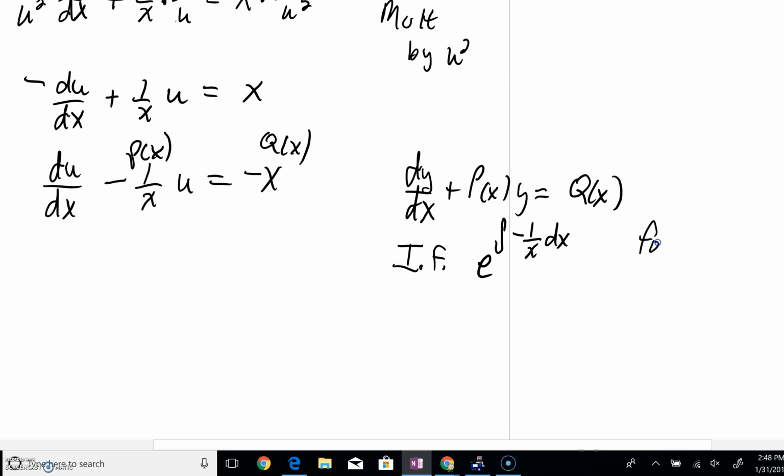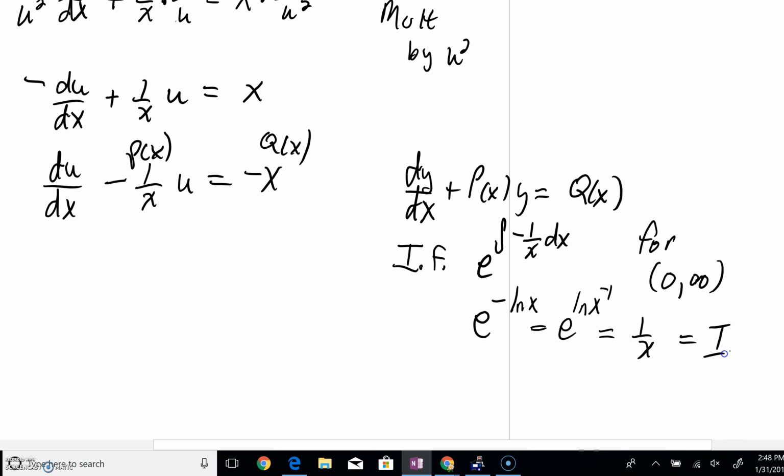But we're going to solve this for x being on this positive interval. And if that's the case, then this will become e to the negative ln of x, which is really e to the ln of x to the negative 1, which if you think about it, that's just going to be 1 over x. That's your integrating factor.